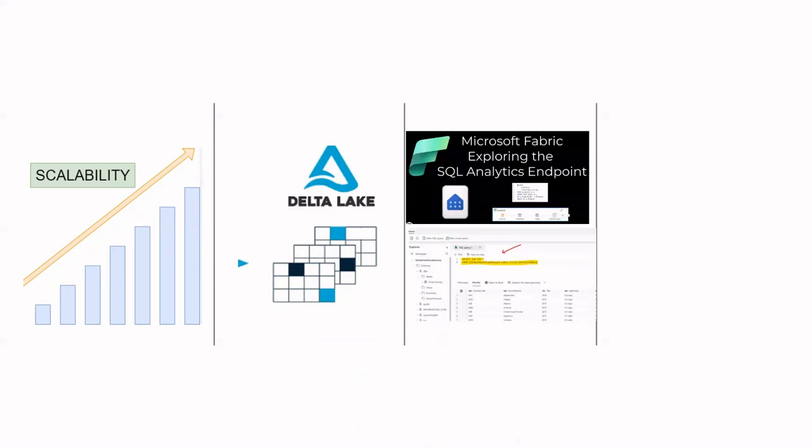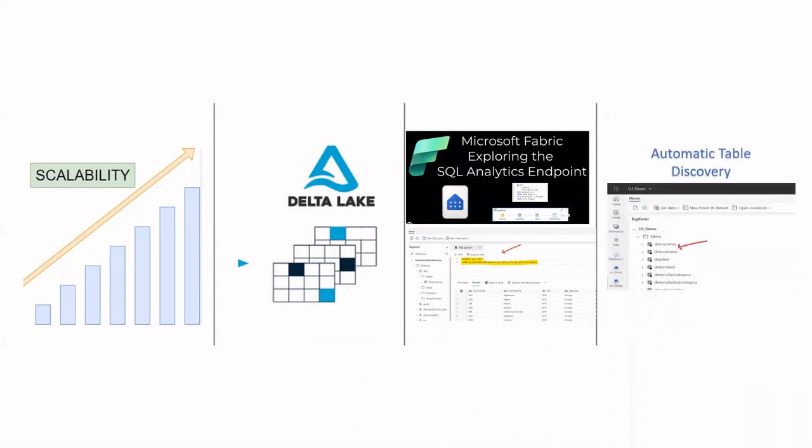In Microsoft Fabric, Lakehouse creates a read-only SQL analytics endpoint that allows you to query Delta tables seamlessly. The other feature is automatic table discovery, which is basically when you drop a raw file into the Lakehouse and it magically becomes a table. No manual registration needed. Let's do some demo sessions.